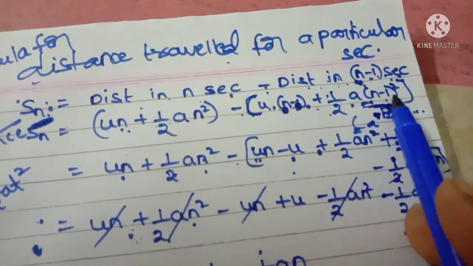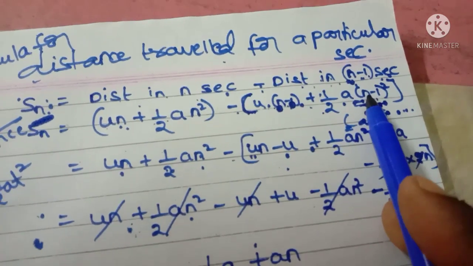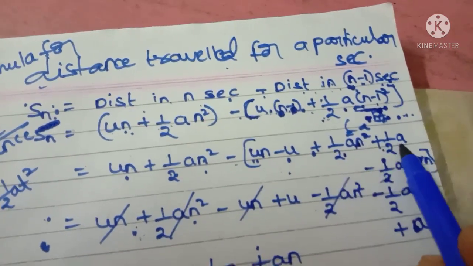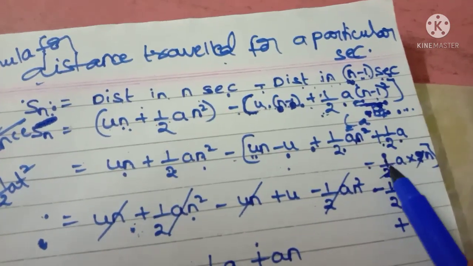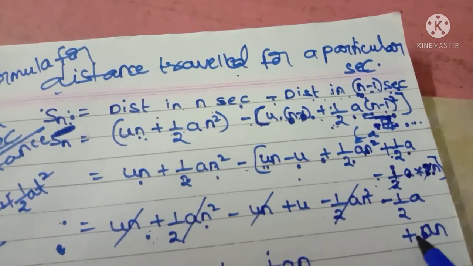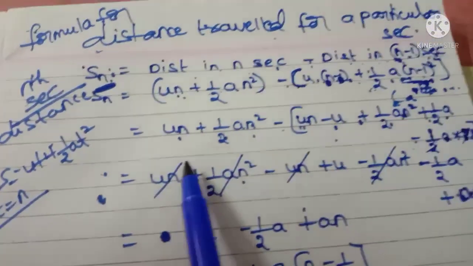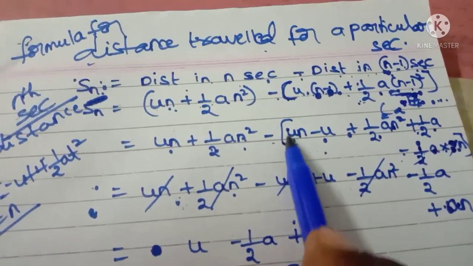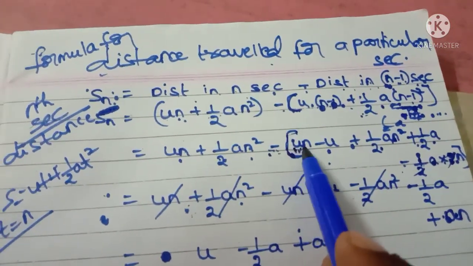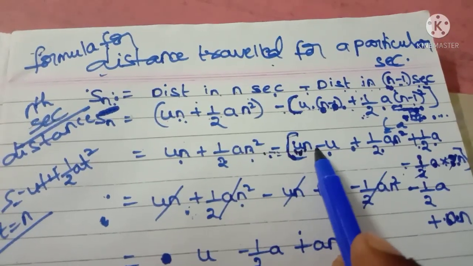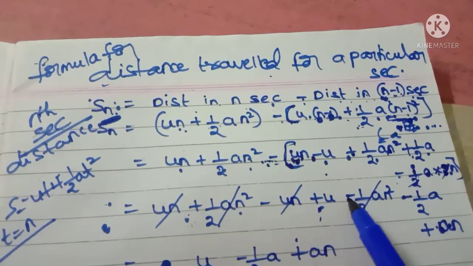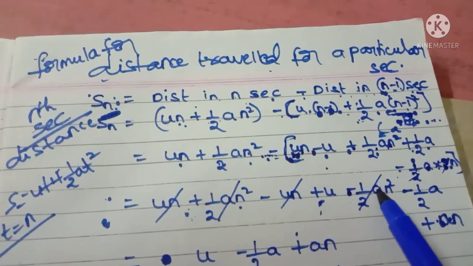Now expand this n minus 1 whole square and multiply it with half a. So you will get half a n square plus half a minus 1 by 2 into a into 2n. The 2 gets cancelled, you will remain with an. Now open the square bracket with the minus sign: minus into plus is minus un, minus into minus is plus u, and minus half an square.